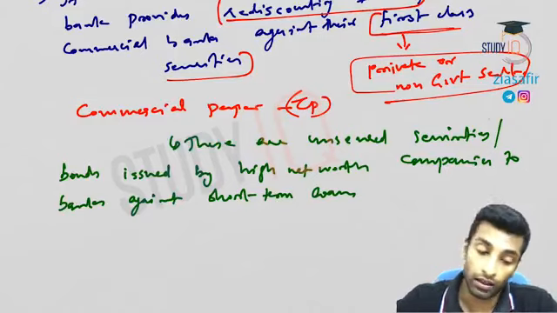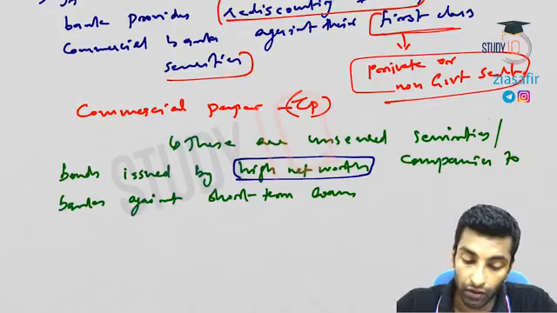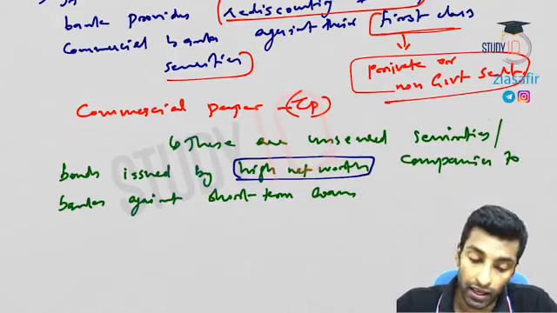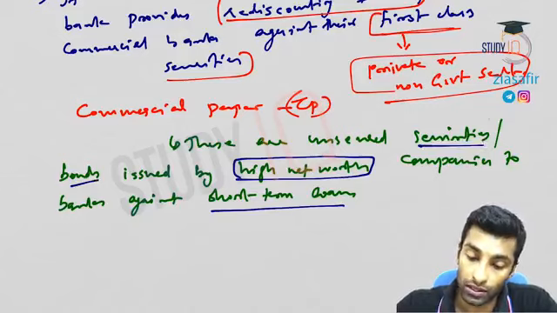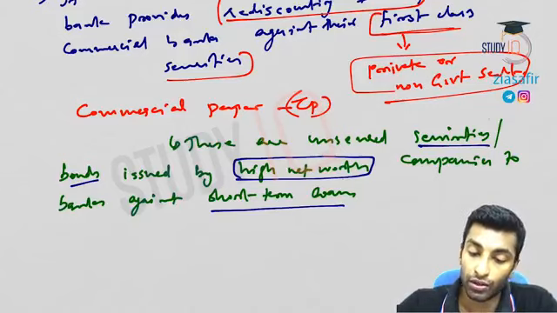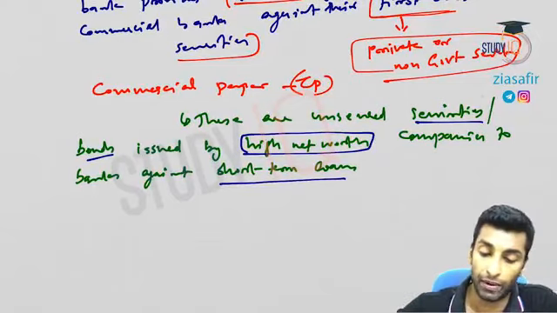Okay, so when the private companies, high net worth private companies, there's a keyword, high net worth companies, when they need short-term working capital, so for this short-term loans they issue bonds or securities and banks will buy that. So that is what commercial paper, and this is what we call as discount. I'll show you what is this.